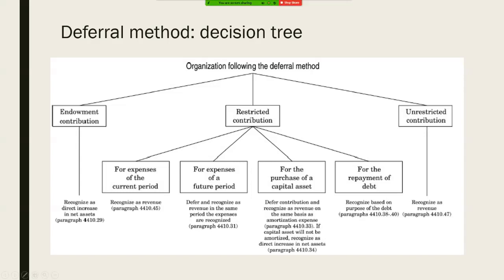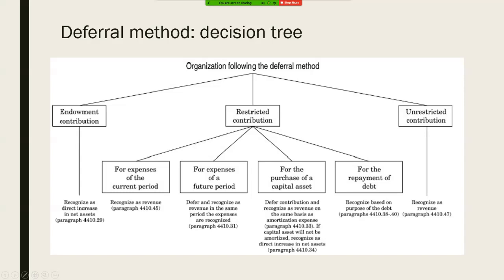You will initially defer the amount received and recognize it as revenue in the period when the expenses are recognized. Some of you may remember the matching principle from before. The matching principle said match expenses in the same time period as revenues are earned. In the case of not-for-profits, we follow a reverse matching principle where revenues are recognized in the same time period as expenses.